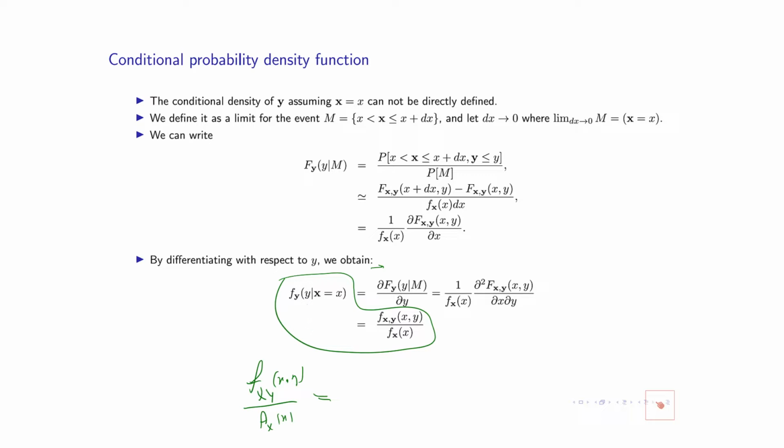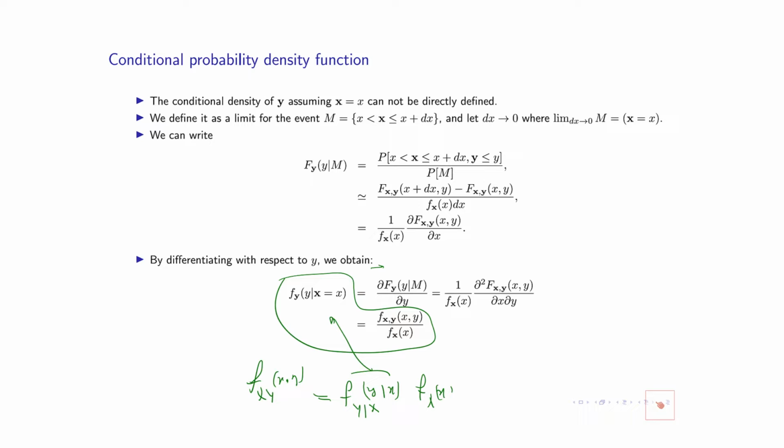Or you could say that the joint distribution is equal to the conditional distribution of y given x, which I sometimes denote f_Y|X of y given x, times f_X of x. This is another notation for the same expression.